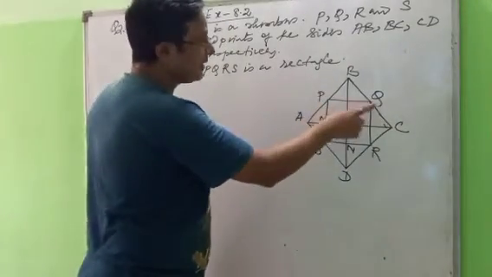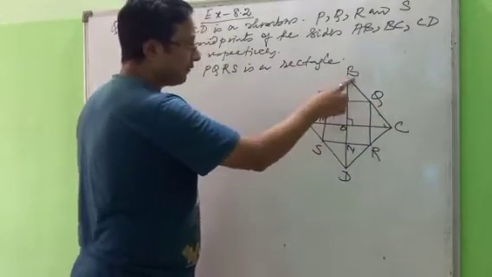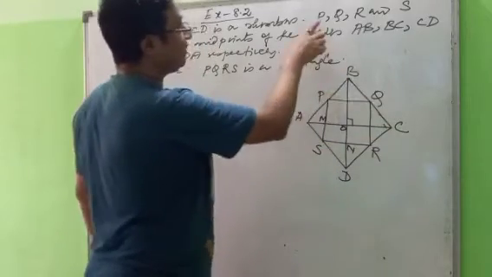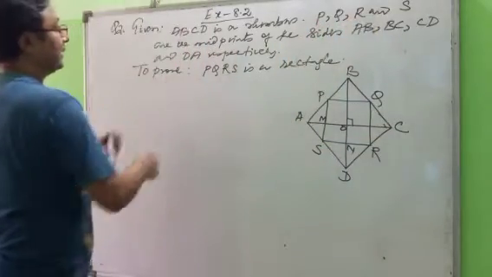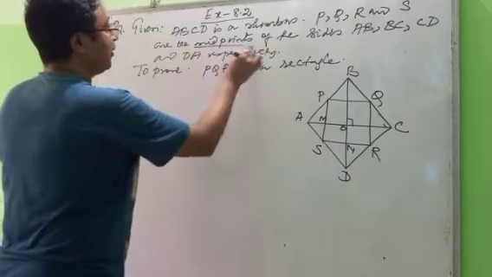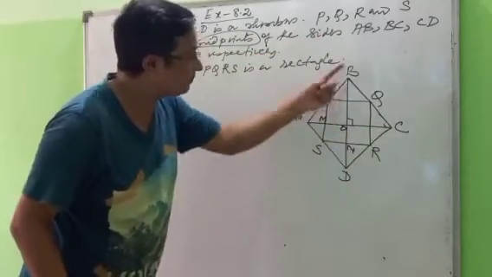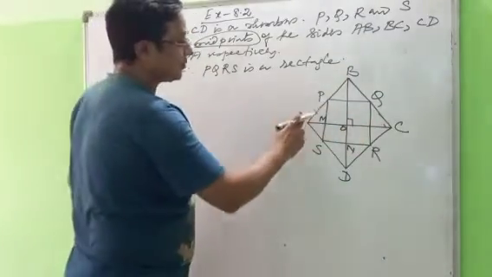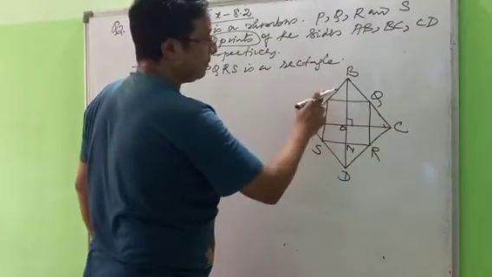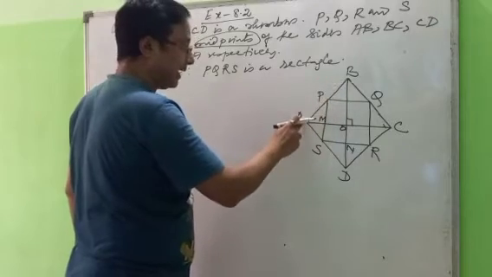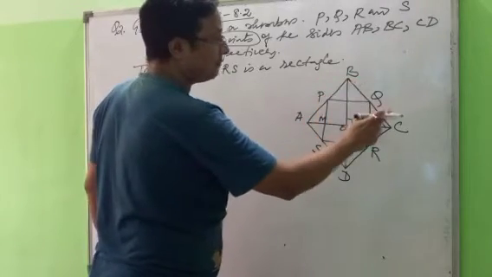So here P and Q are midpoints of AB and BC, because they have given P, Q, R and S are the midpoints of the sides. So these four are the midpoints of their sides. So in the triangle ABC, P is the midpoint of AB, Q is the midpoint of BC.